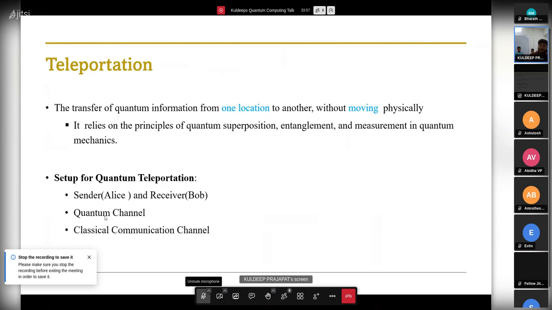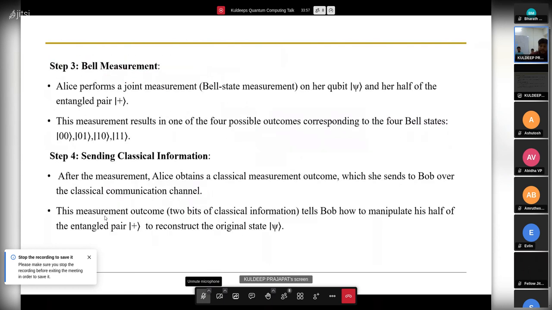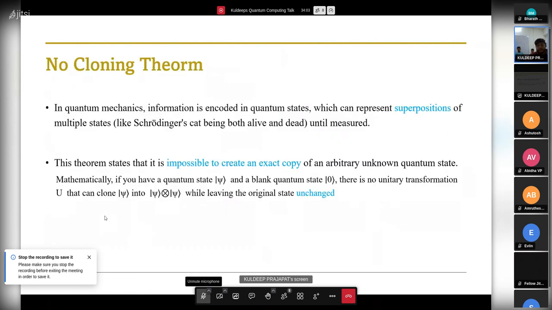One thing I also want to tell you here about the no-cloning theorem is that we use it in quantum key distribution. When you want to encode your information in some entangled state, or a superposition and entangled state, and transport it to a position B using the classical channel, if someone is trying to copy it, the sender and receiver will get to know that someone is trying to copy it.